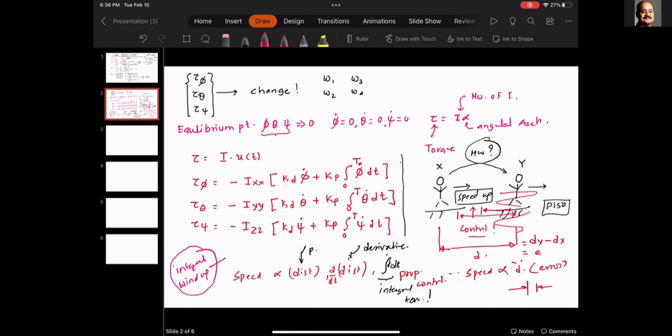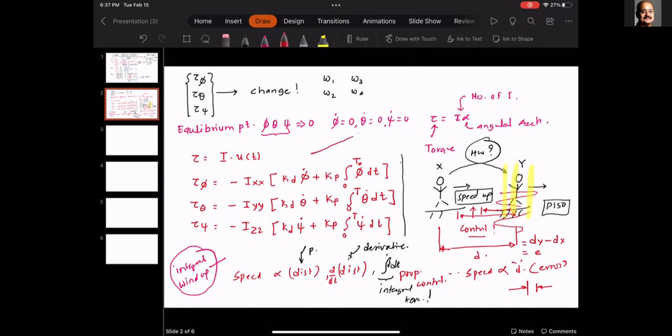But once you get to a very close proximity, say for example somewhere here in this region, then you turn on the integral controller to get to where that person is. And believe it or not, we humans do this unknowingly. We speed up or speed down depending upon where the location is, depending upon what the errors are, and we implement the proportional integral derivative control unconsciously. But now we are giving some mathematical terms that would make this understanding clear.